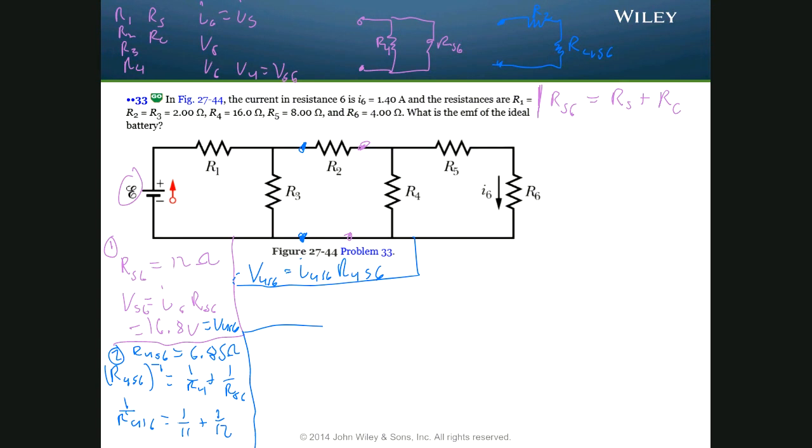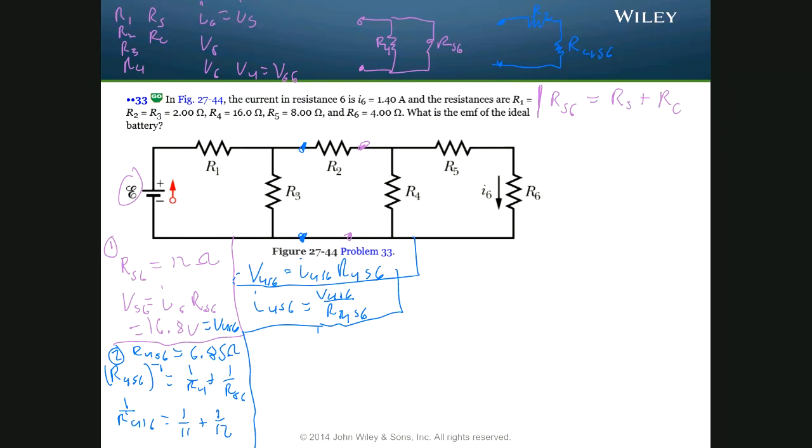So let's see here. So I456 is going to be equal to V456, which we know, right, over R456, which we just calculated. All right.